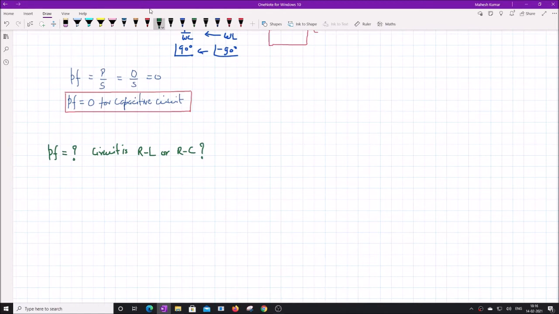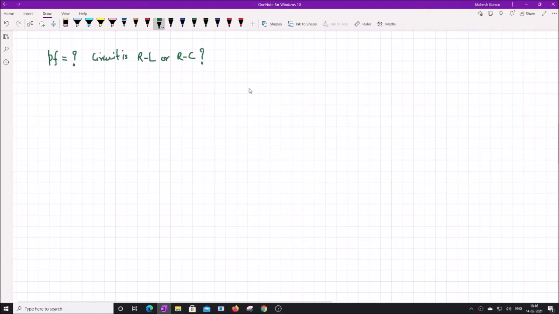We cannot say anything till we find out its value. So to prove that, let us take a simple RL circuit and try to see that. We will take a circuit which is resistive and inductive, so resistance R and L combinations are there, and this is being supplied by a voltage source.